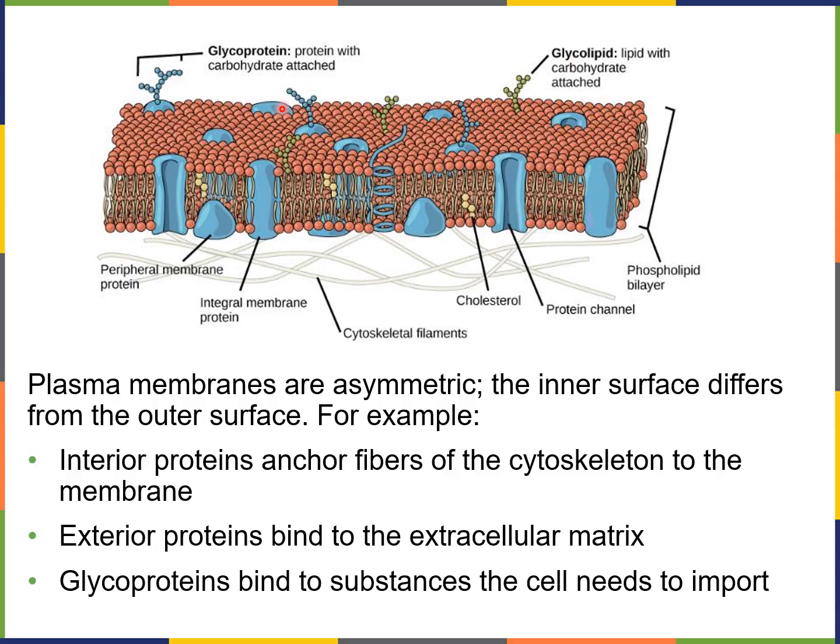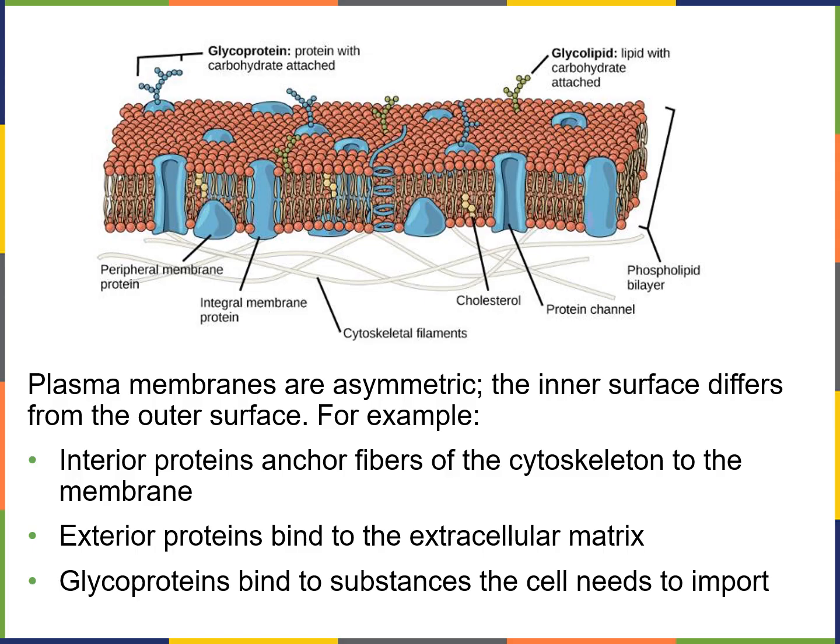The exterior proteins interact with the extracellular matrix, which helps connect the cell to its environment. Glycoproteins help the surface to bind to hormones and other signaling molecules, allowing the cell to respond to its external environment.